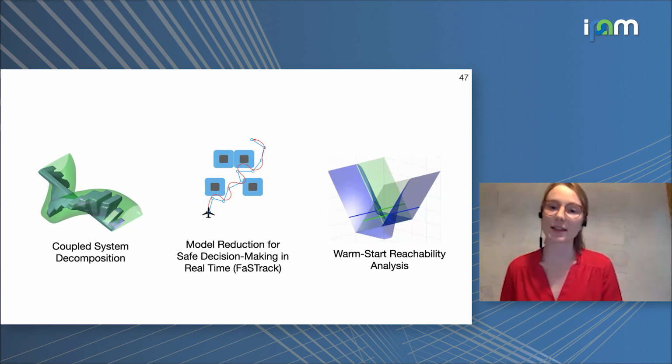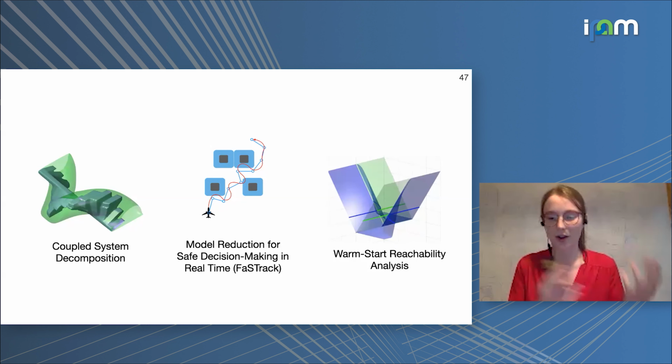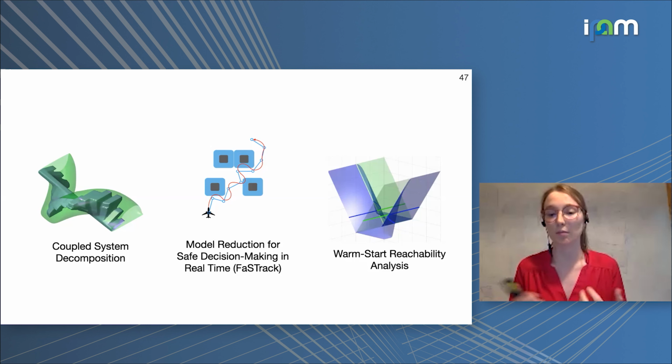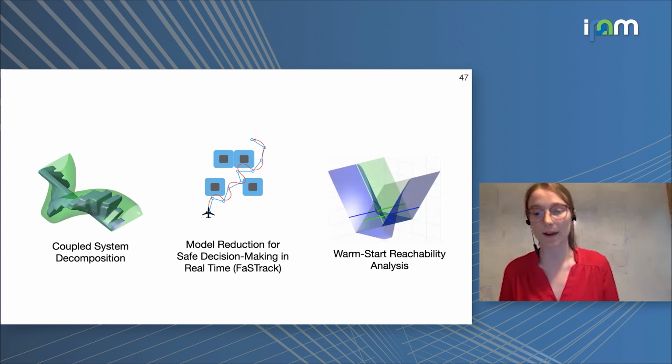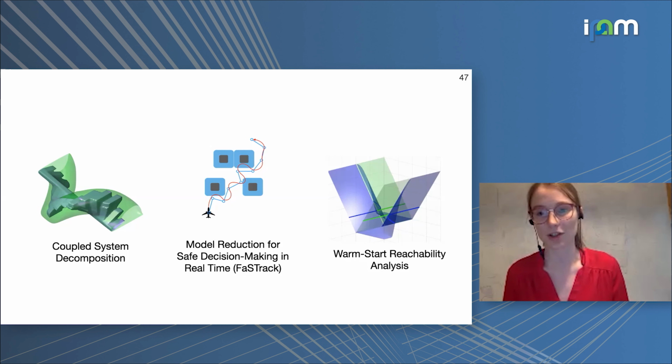And then lastly, I'd like to talk a little bit about our warm start reachability analysis work. This is some recent work that was motivated by the idea that, you've done all this pre-computation and whatnot, that's great to hear. But if you find out that your assumptions on the system model for the tracking system or the disturbances that you've assumed in the environment are wrong, how do you update this analysis based on their previous computation?